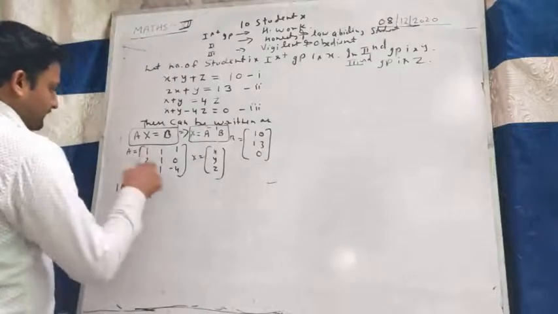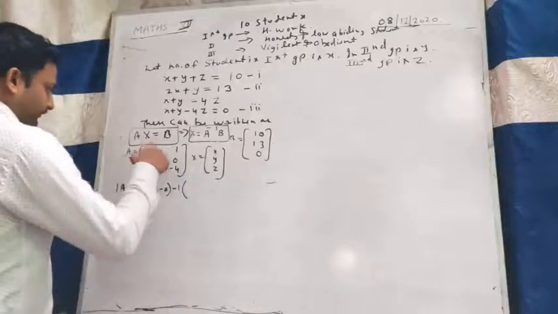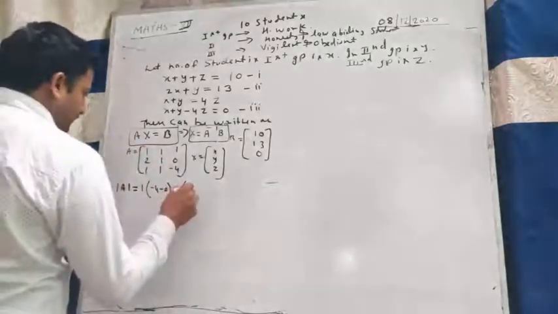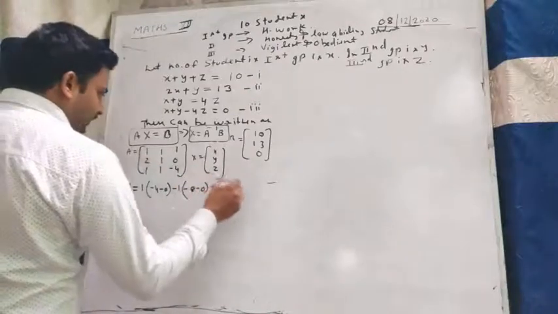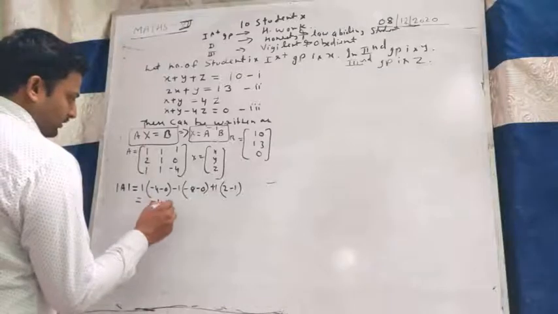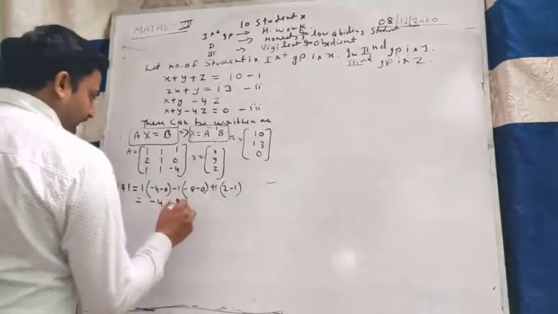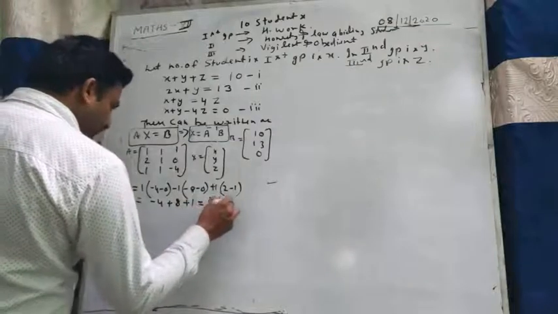So the determinant of A is 1 times (minus 4 minus 0), minus 1 times (minus 8 minus 0), plus 1 times (2 minus 1). So our determinant is minus 4 plus 8 plus 1, which is 9 minus 4, 5. So this is not equal to 0.